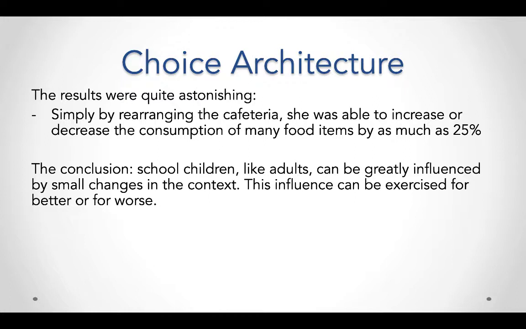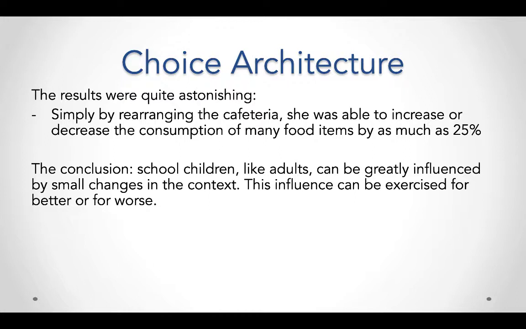But you have to understand that we're using our powers for good and not for bad. So I remember my professor Thaler signing his books "Nudge for Good," and to this day he does the same thing, because it's very easy to influence for bad as well.